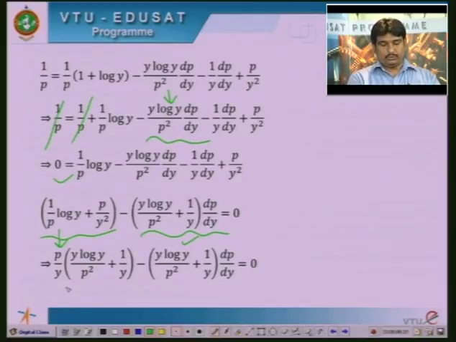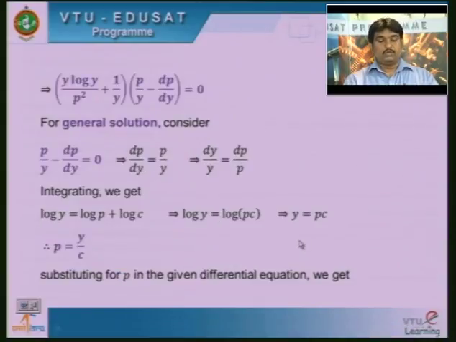So in these two terms, y log y by p square plus 1 by y is common. After taking the common terms, we get y log y by p square plus 1 by y into p by y minus dp by dy equals 0.